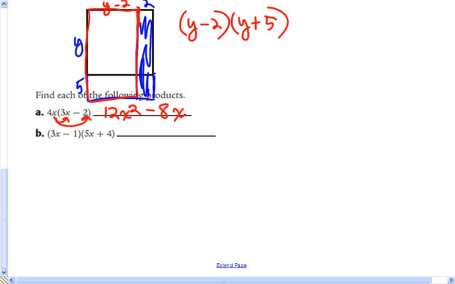And same thing here. Now, instead of just distributing 4x like we did in part A, we're going to distribute 3x minus 1. So we're going to do 3x minus 1 times 5x, and plus 3x minus 1 times 4.